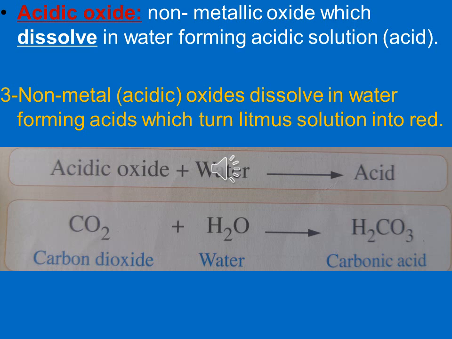The alkaline solution was turning the litmus solution blue, but here the acid or acidic solution turns the litmus solution red. So if we have an acidic oxide like carbon dioxide and we add water, H2O, it gives us acid. Carbon dioxide plus water gives us what? Carbonic acid, which turns litmus red.